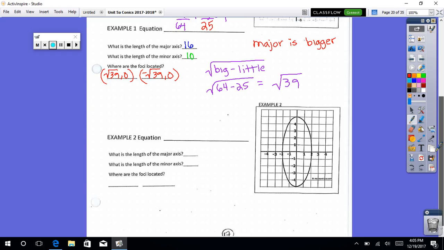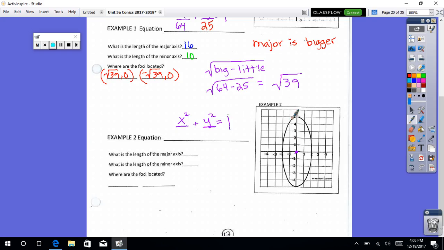Okay, so let's move down to a vertical one. Again, don't worry about who's A, who's B, whatever. Our center is at 0, 0. This time we're going to talk about who is the up and down.